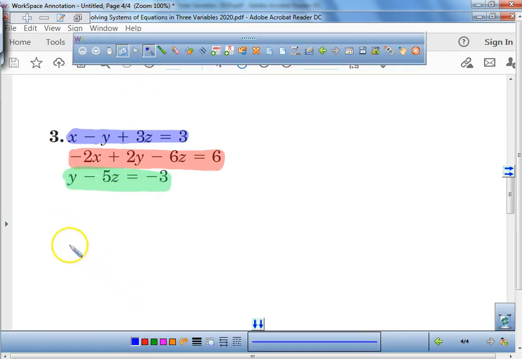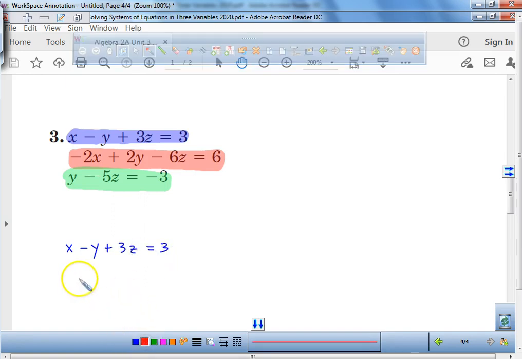Take the first equation and carefully place it over the second equation. Make sure everything's nice and lined up. And then take the first equation, once again, and carefully place it over the third equation.